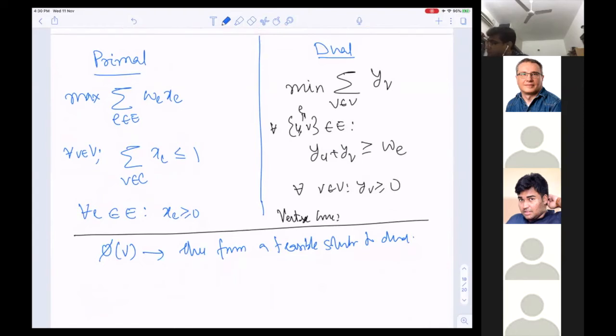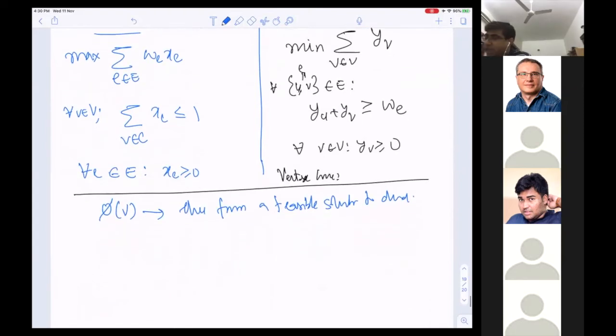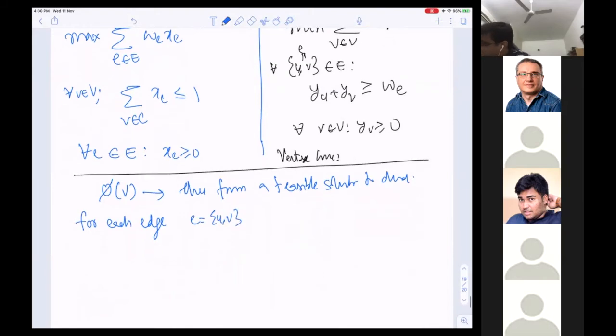Okay. So how will I prove this? I will say that for each edge E equal to, say, UV, its dual constraint is satisfied by phi.